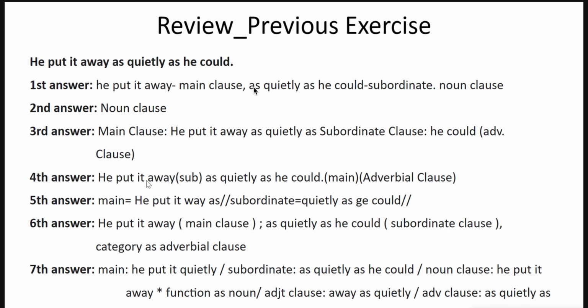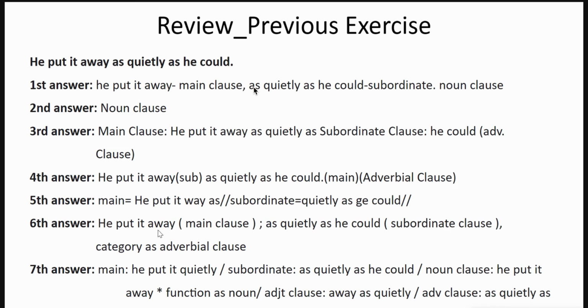Number 4, he put it away as the subordinate, if I'm not mistaken. That's my interpretation ya. Karena di sini buka kurung sub gitu. It seems that he put it away as the subordinate, while as quietly as he could as the main. Kebalik ini. Number 5, yang utamanya he put it away, subordinate, quietly as he could. Oh, seharusnya nariknya dari as quietly as he could.